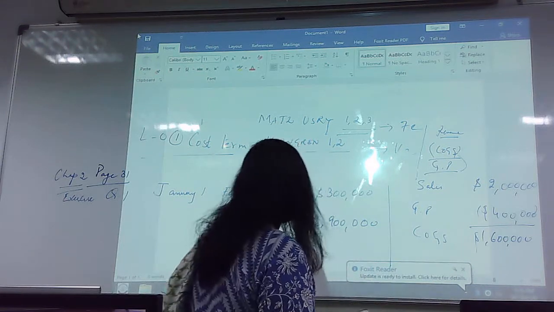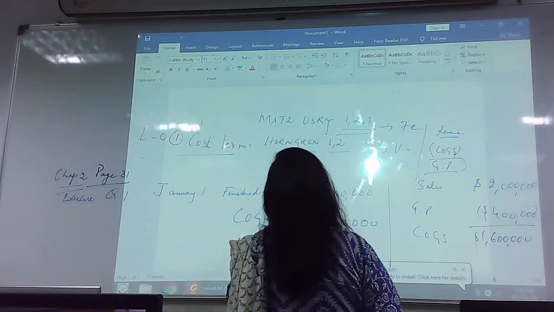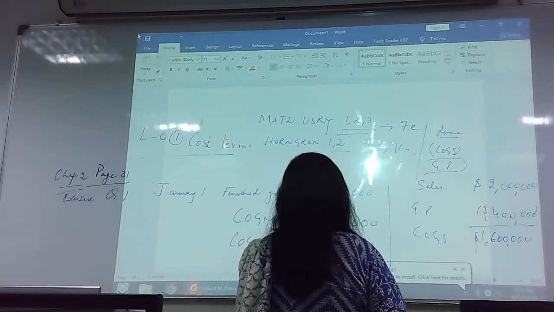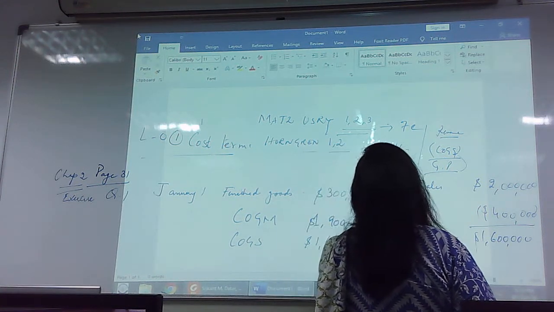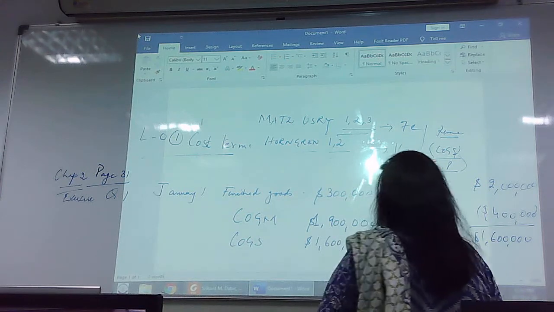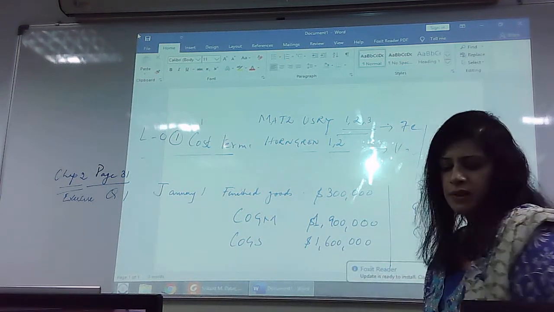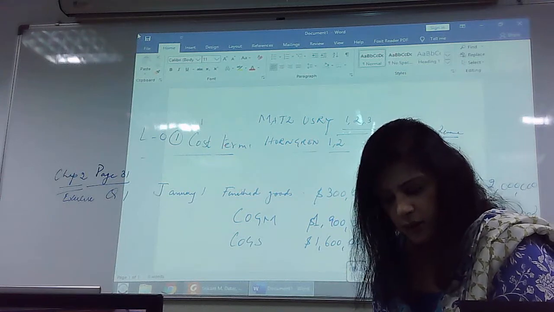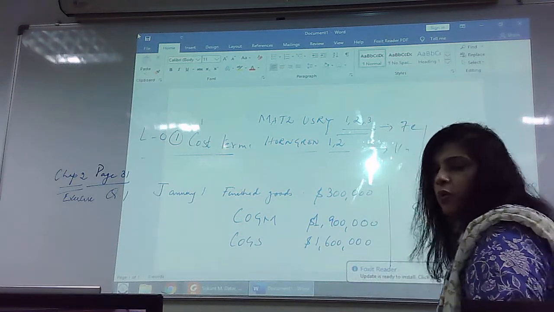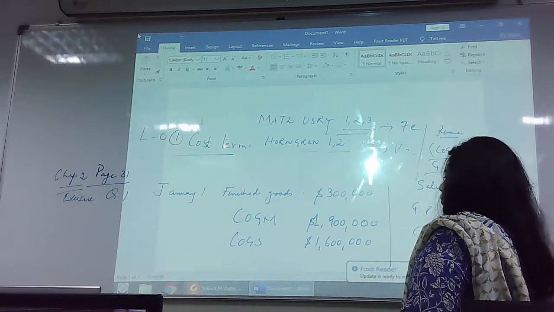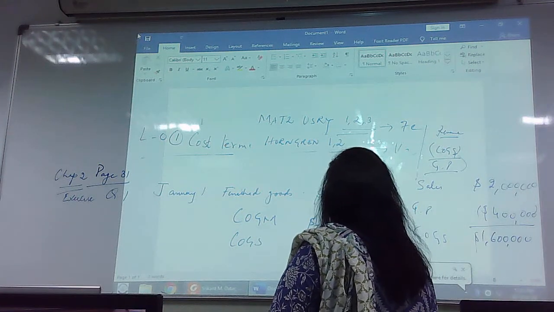It's a very simple question. So now we have cost of goods sold here as 1,600, calculated from the sales and gross profit. Now they want to know the finished goods closing.